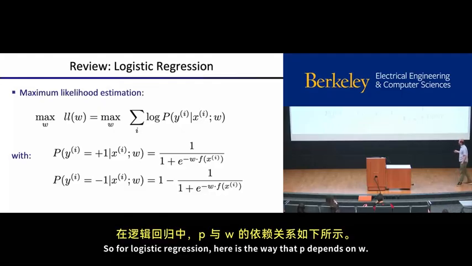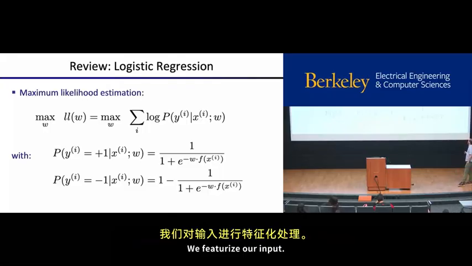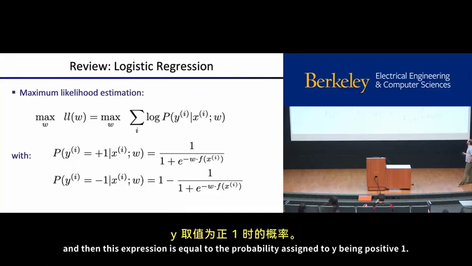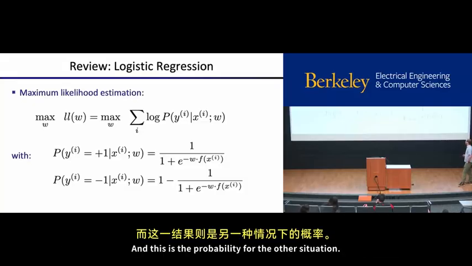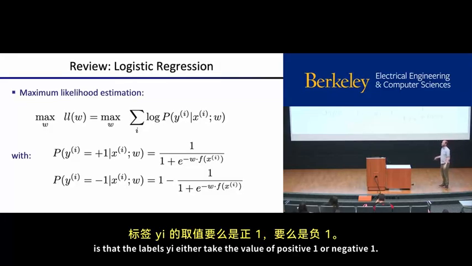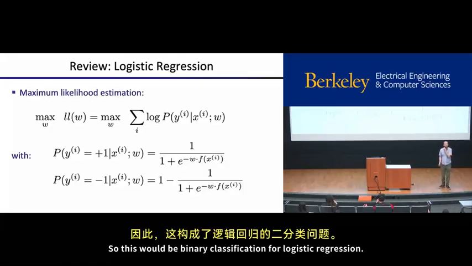So for logistic regression, here is the way that P depends on W. We featurize our input, we turn it into a vector, we take the dot product with that W, and then this expression is equal to the probability assigned to Y being +1, and this is the probability for the other situation. So in logistic regression, the convention, I guess, is that the labels yi either take the value of +1 or -1. So this would be binary classification for logistic regression.